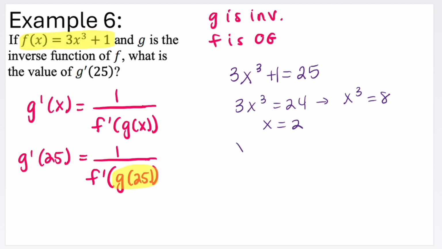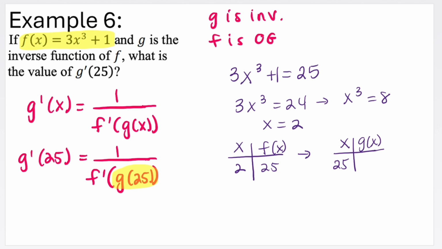When x is 2, f of x is 25. So that means when x is 25, g of x is 2, because they're inverses of each other. So that means g of 25 down here is going to be 2.